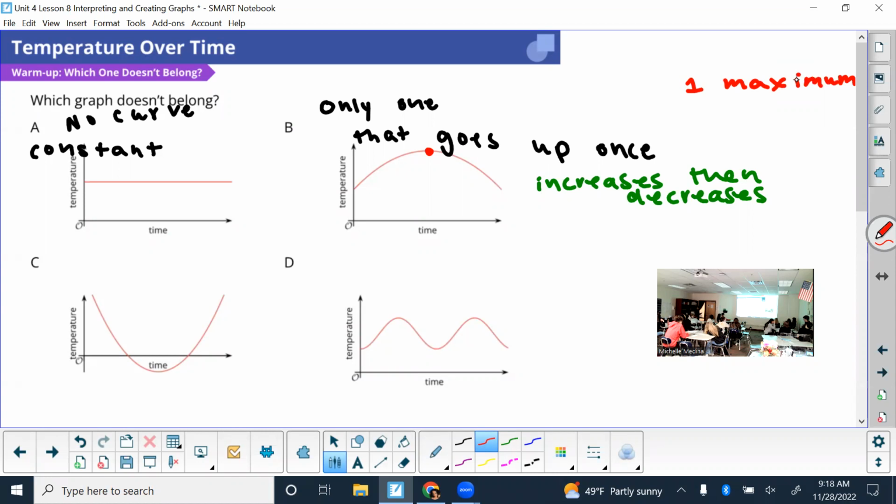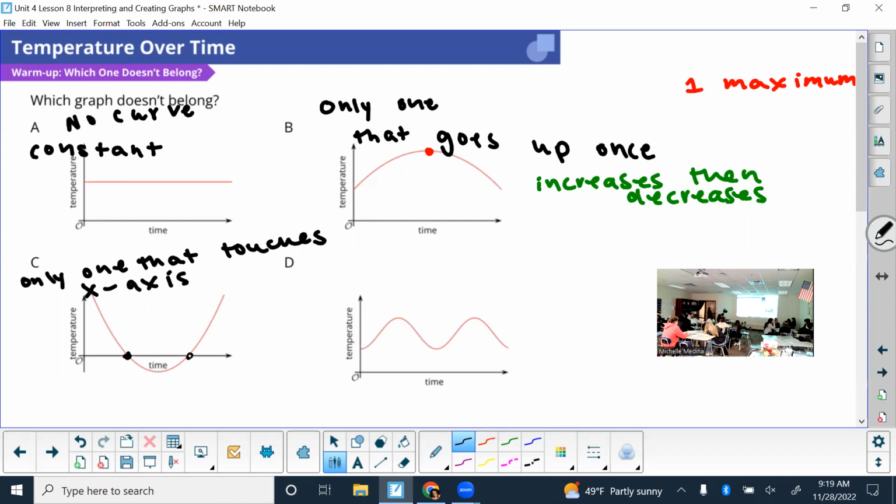Who can give me a reason why C doesn't belong? Brian? Okay, it's the only one that touches the x-axis. What do we call where it touches the x-axis? X-intercept. So it's also the only one with an x-intercept.